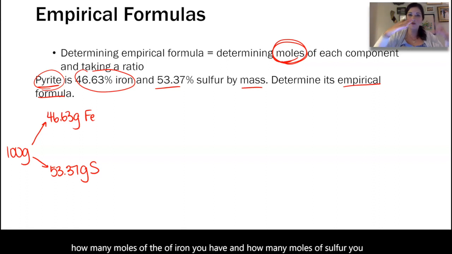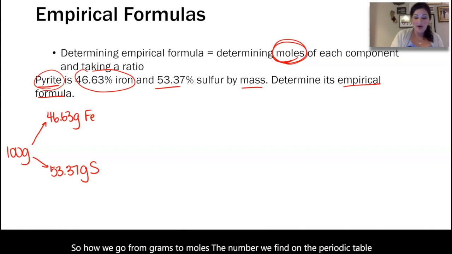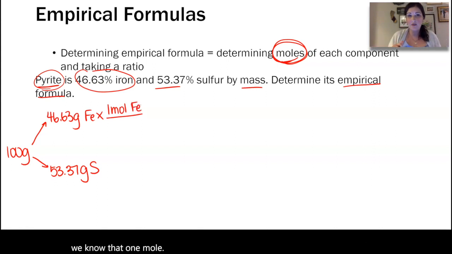Okay, so how we go from grams to moles, remember, we find the molar masses of those two components from the periodic table. So we know that 1 mole of iron, we look on the periodic table, has a mass of 55.85 grams.